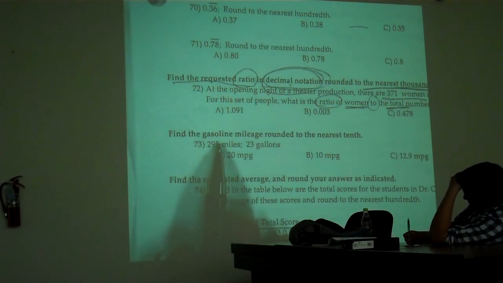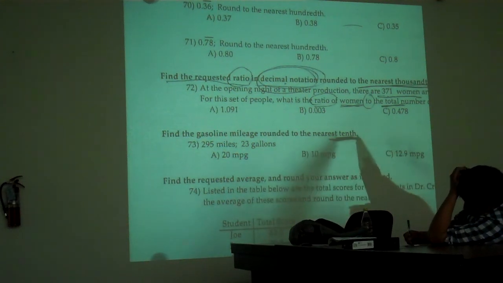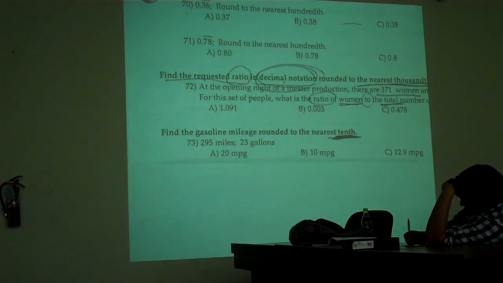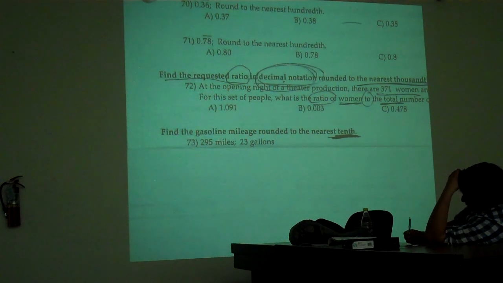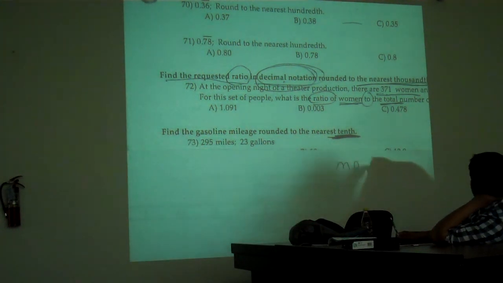Okay, gasoline mileage, rounded to the nearest tenth. What do you find gasoline mileage in? When you're doing miles and gallons. What's your gasoline mileage on your car? So many miles per gallon, right? So your answers will be in miles per gallon.